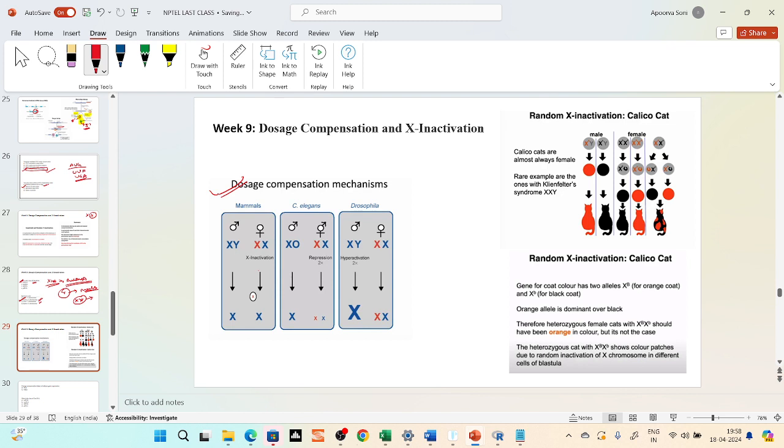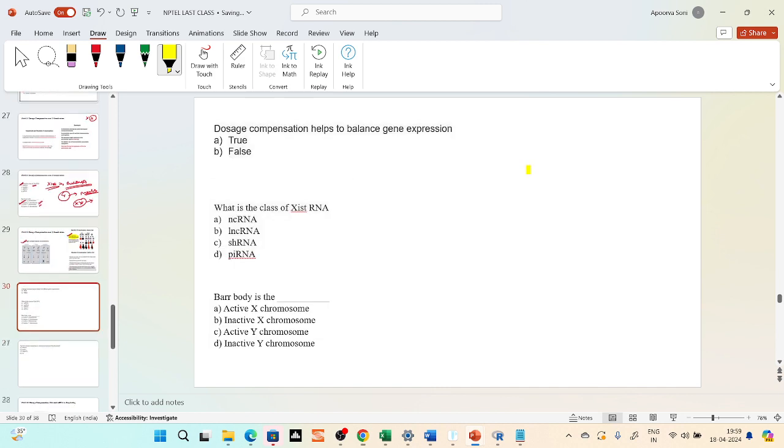These are the different mechanisms of dosage compensation. And then we studied an example of X chromosome inactivation in calico cats. Calico cats are almost always females. This is very important. I'm just pointing out the important points from all the topics.